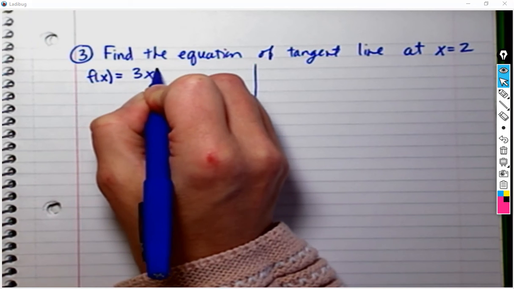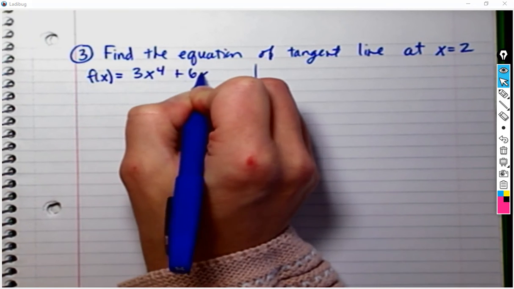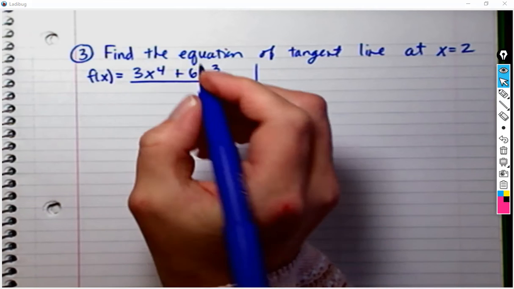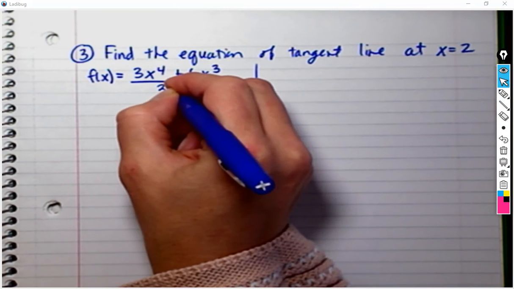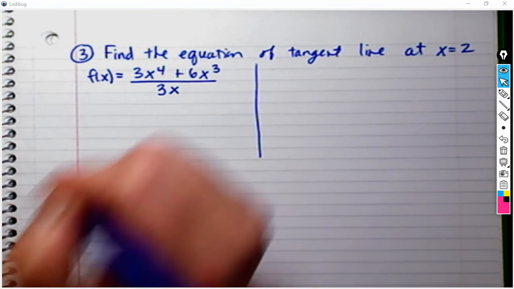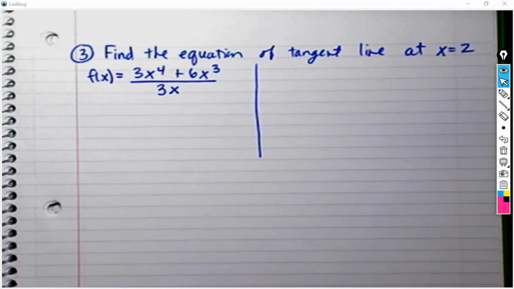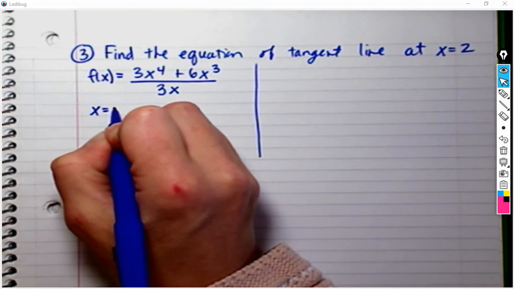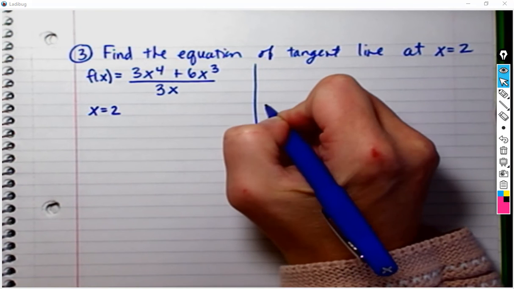3x to the 4th plus 6x cubed all over 3x. Okay. The only thing I know is that I have this.